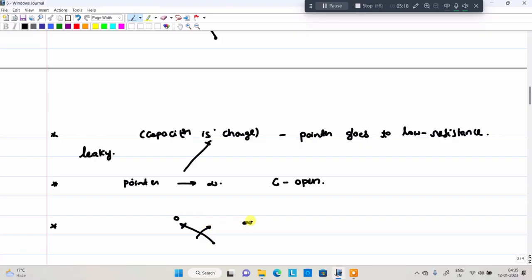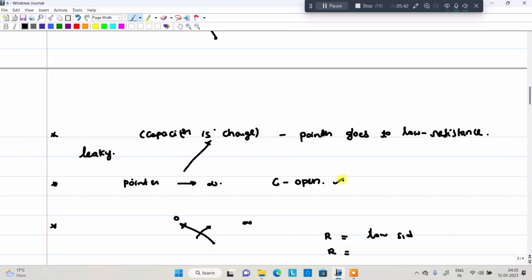This is 0, goes to infinity. It shows a good capacitor, which is supposed to have very large, infinite resistance. So initially the pointer goes to the low resistance side, and then it moves slowly to the infinity side. So that is a good capacitor.